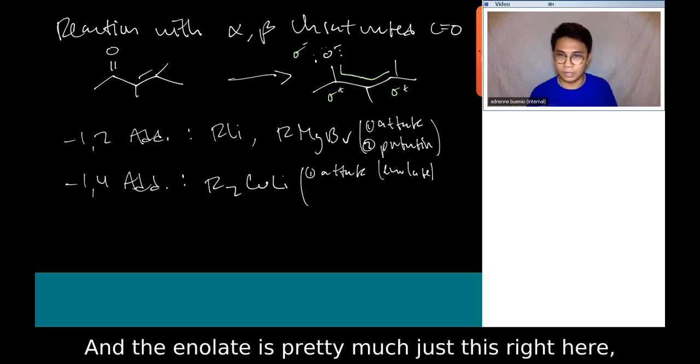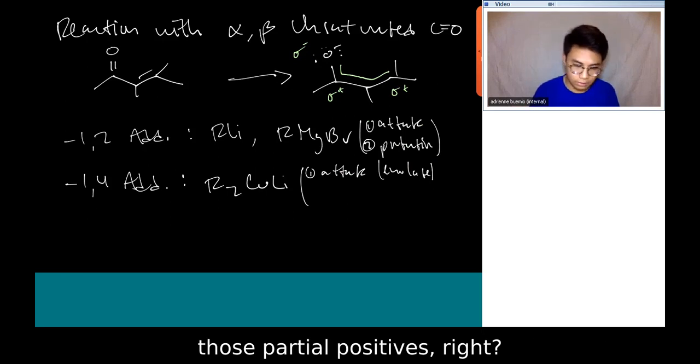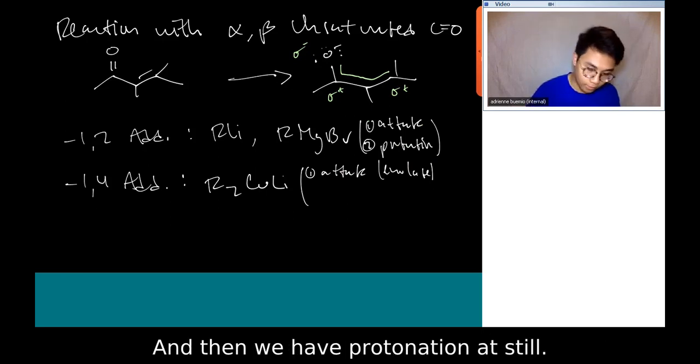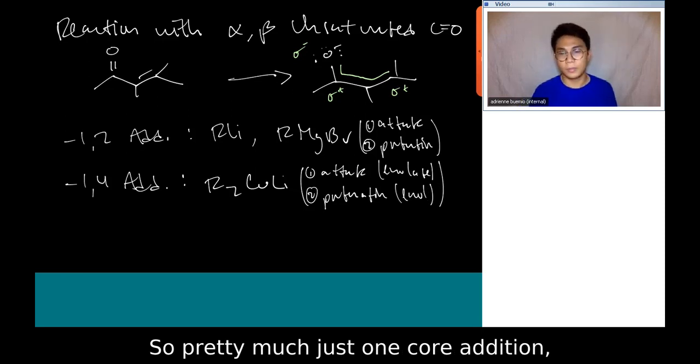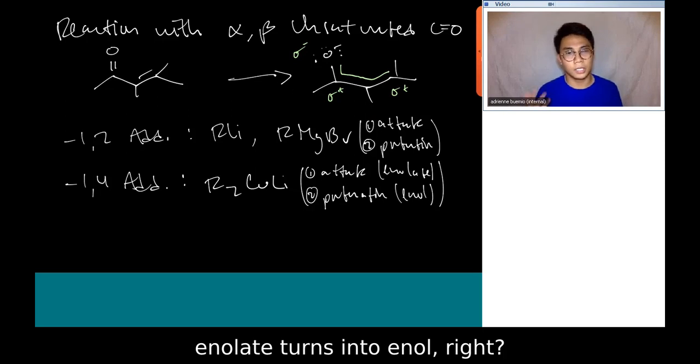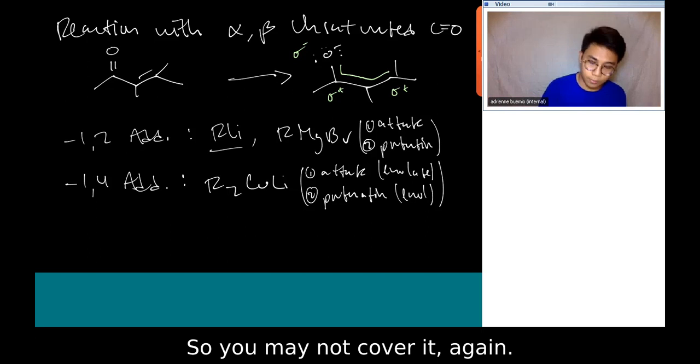The enolate is pretty much just this right here. Those partial positives, right? And then we have protonation, and then it's the enol-keto part. So with 1,4 addition, the enolate turns into the enol, right? And then again this. So you may or may not cover it again.